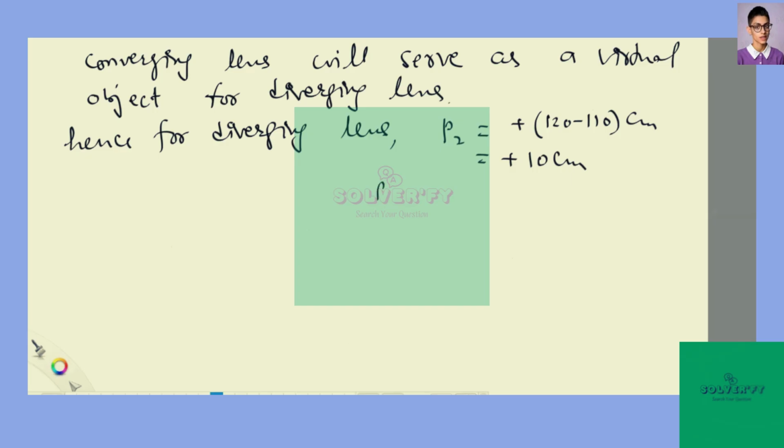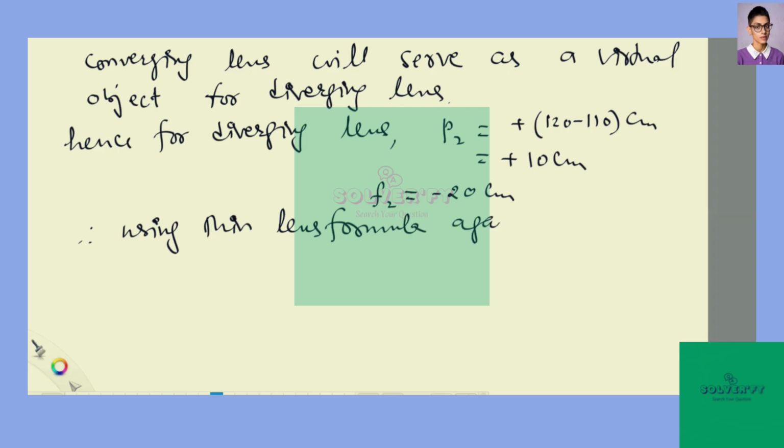And we know the focal length of this concave lens or diverging lens has been given as minus 20 centimeters. So using the thin lens formula again, 1 by q2 minus 1 by p2, where q2 is the distance of the image from this concave lens, is equal to 1 by f2.